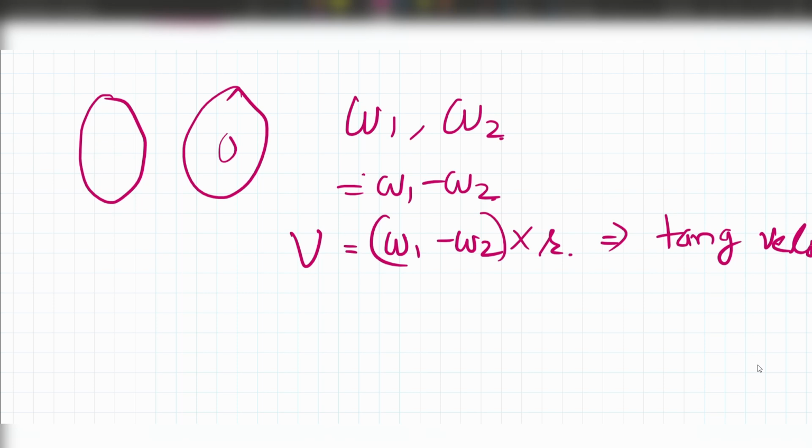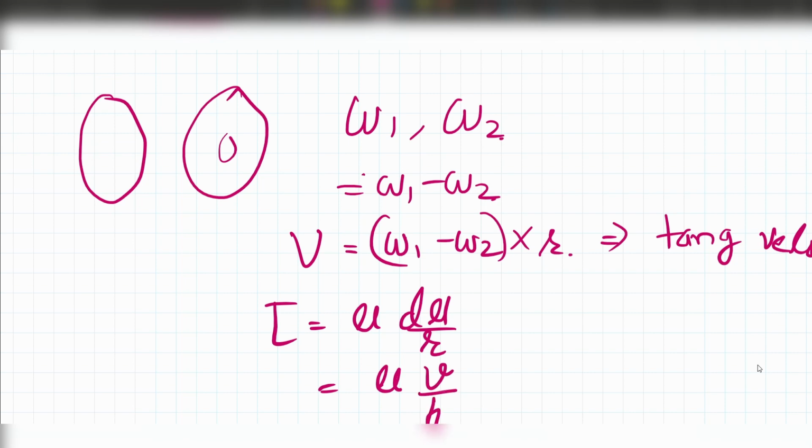and our wall shear tau is equal to mu du upon dr. So mu, this v, and this is h. This is dr. So tau is mu v, where v is omega 1 minus omega 2 multiplied by r, divided by h.